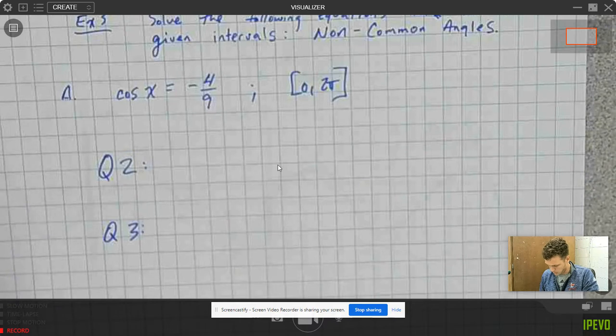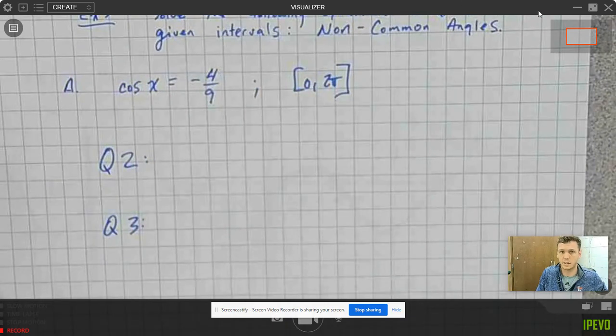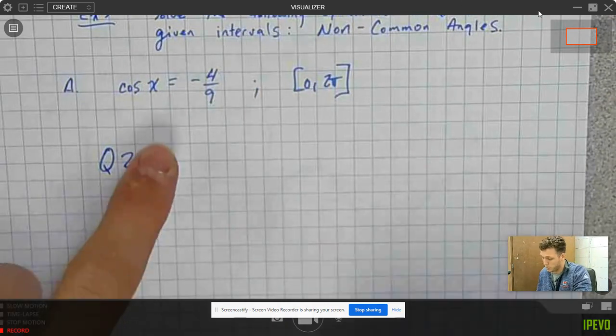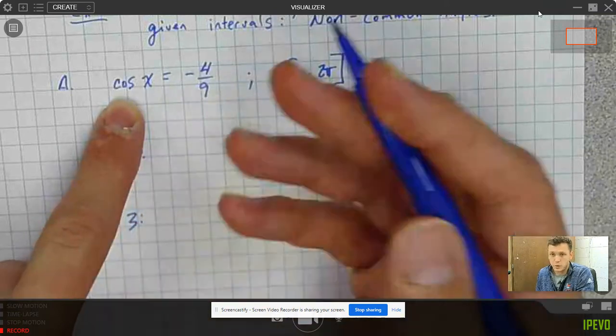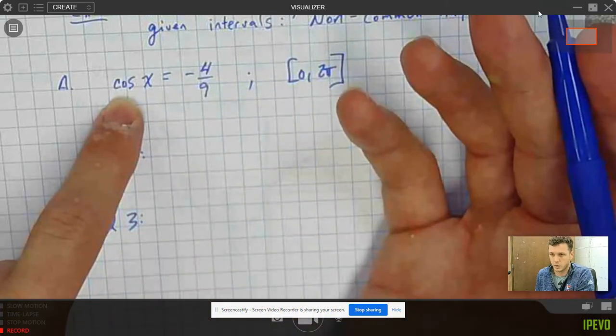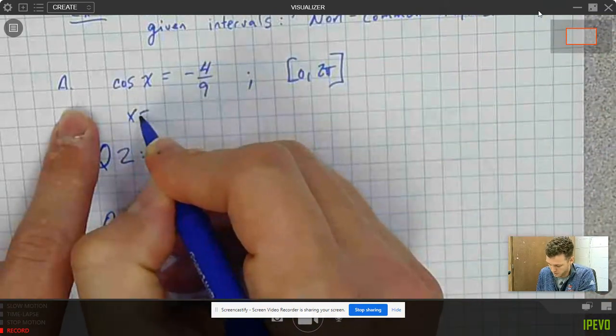And we're going to say x is equal to cosine inverse of negative 4 over 9. So I'm going to go to functions on the Desmos, cosine inverse of negative 4 divided by 9. Right. And I get 116.